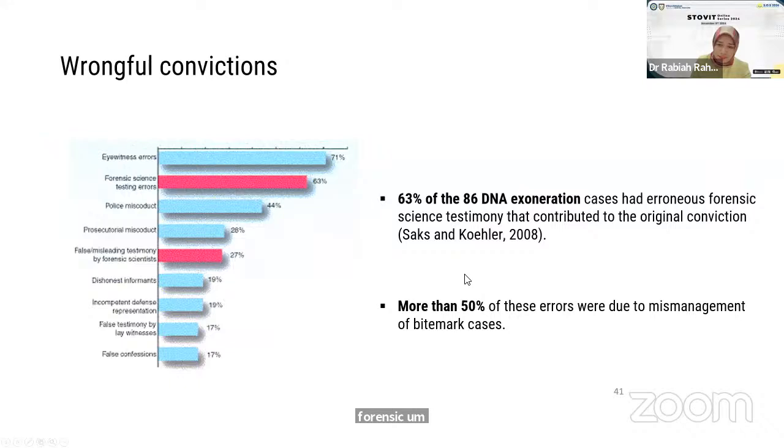And more than 50% of this 63% were due to mishandling of bite mark. You can see how bite mark analysis becomes very controversial.